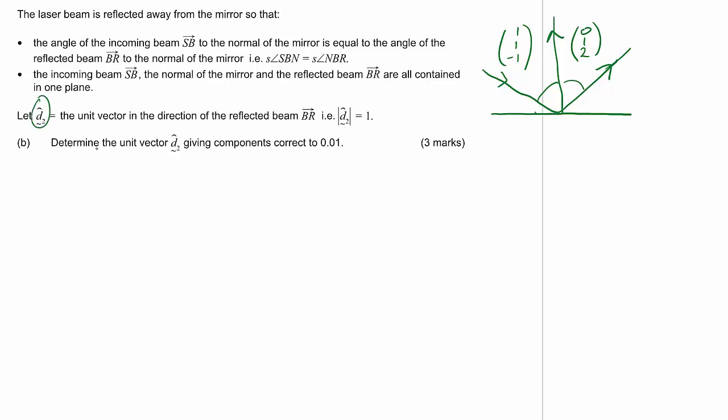And we're going to have d2 hat here, which is the unit vector in the direction of the reflected beam. So d2 hat, so that mod d2 hat is 1, it's a unit vector. We want to determine the unit vector d2. Now, there is quite a good way of doing this, which is not too painful.